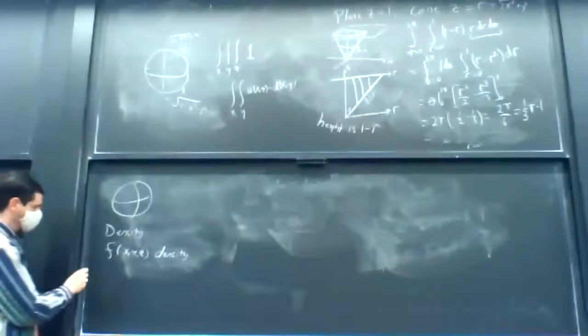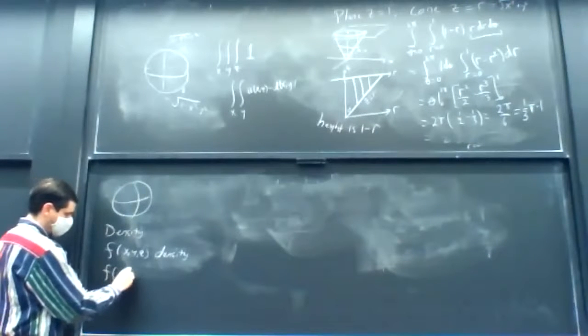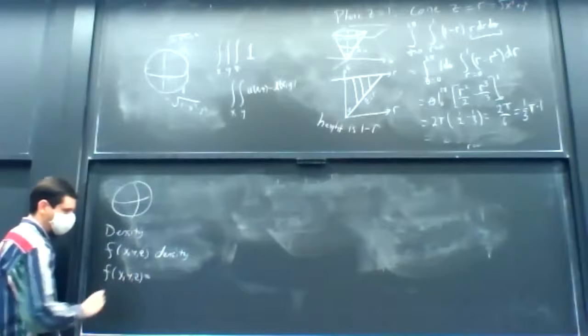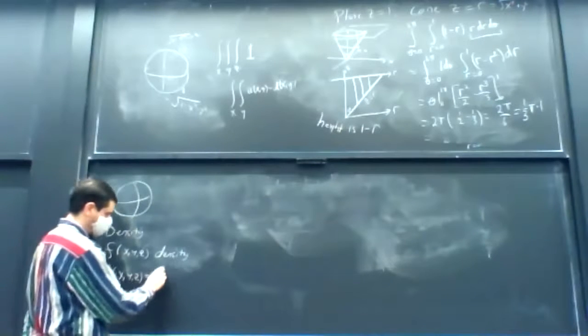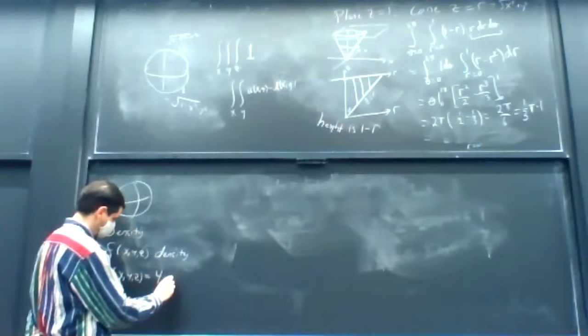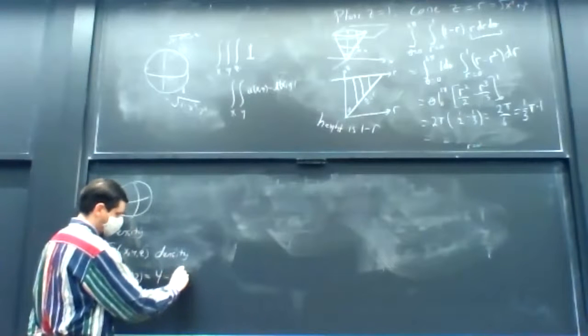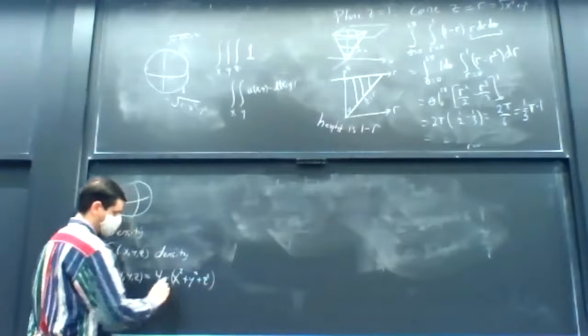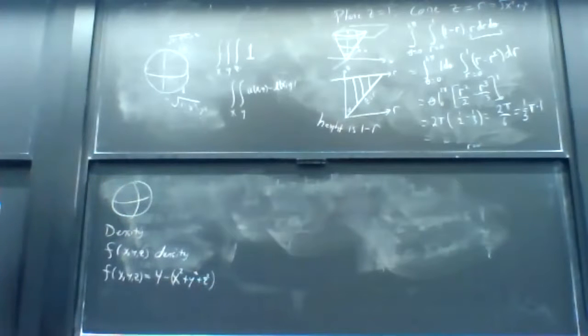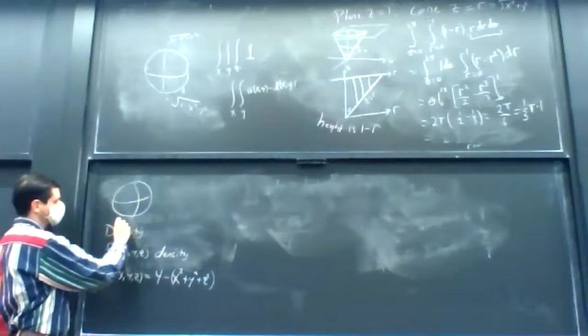And let's assume F of x, y, z is 4 minus (x squared plus y squared plus z squared). And we'll have a sphere of radius 2.